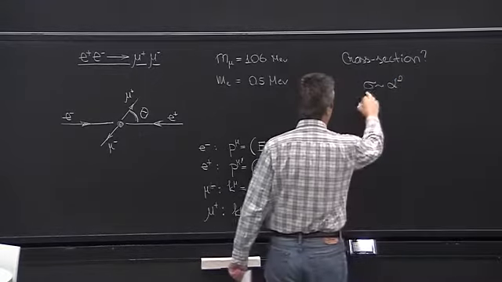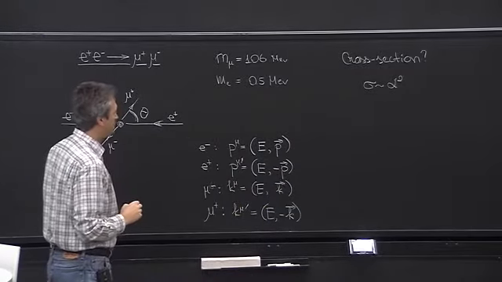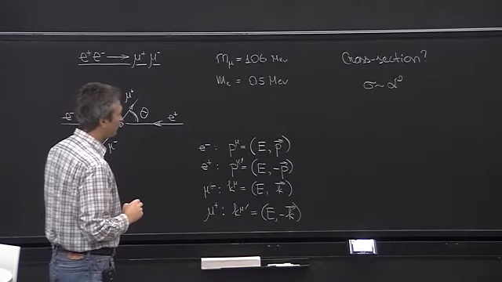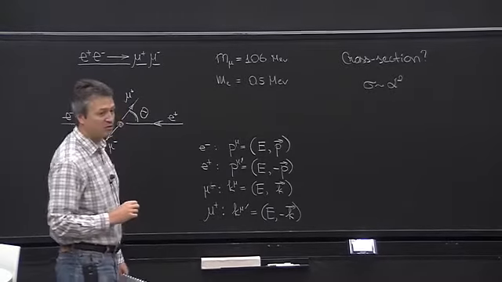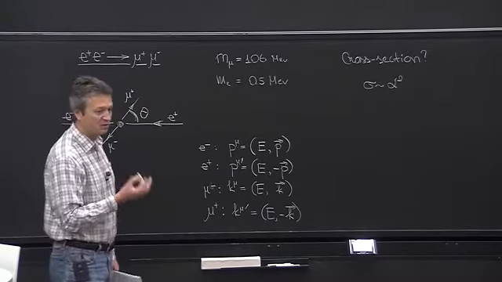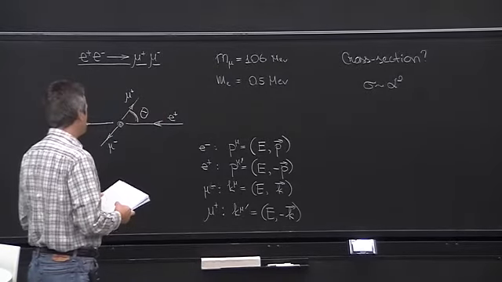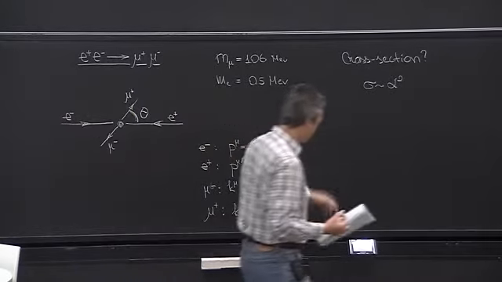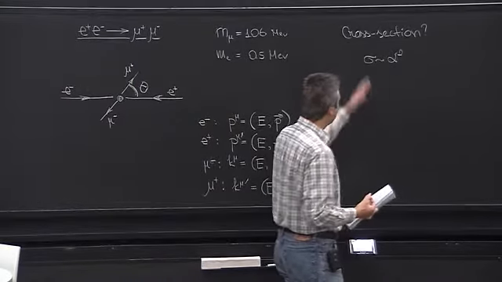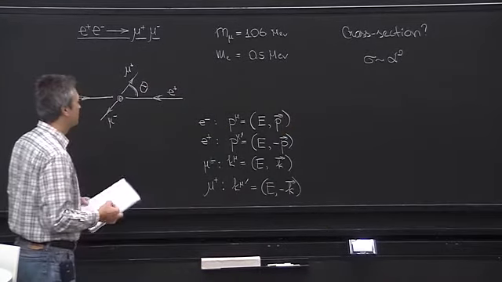But then the cross-section is a dimensionful quantity. It has dimension minus 2 in the units of energy. It's the area after all. So it should scale with the energies and masses of the particles involved.